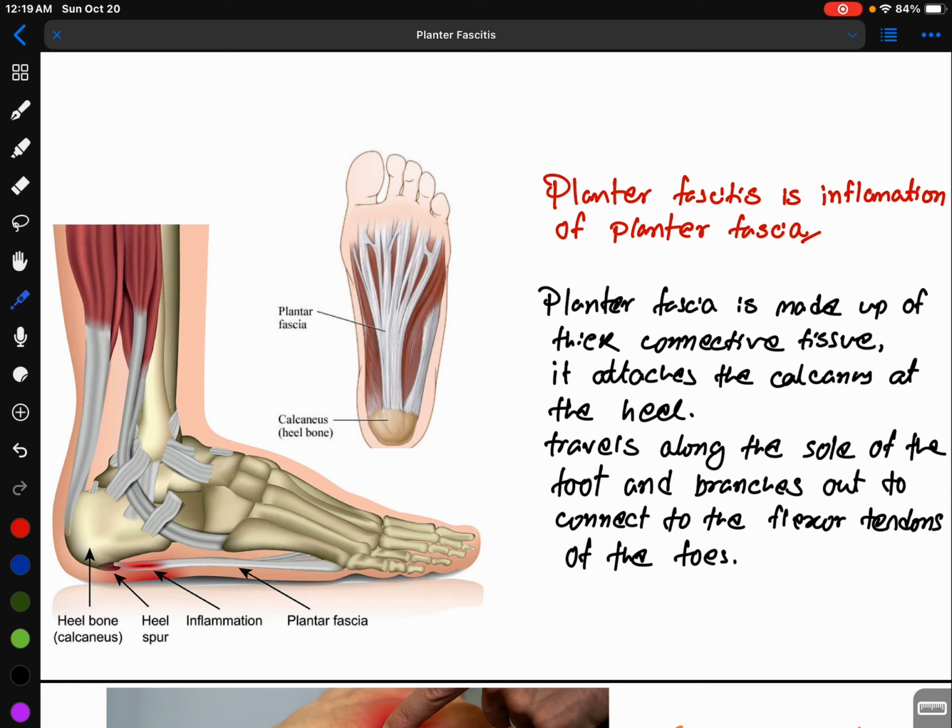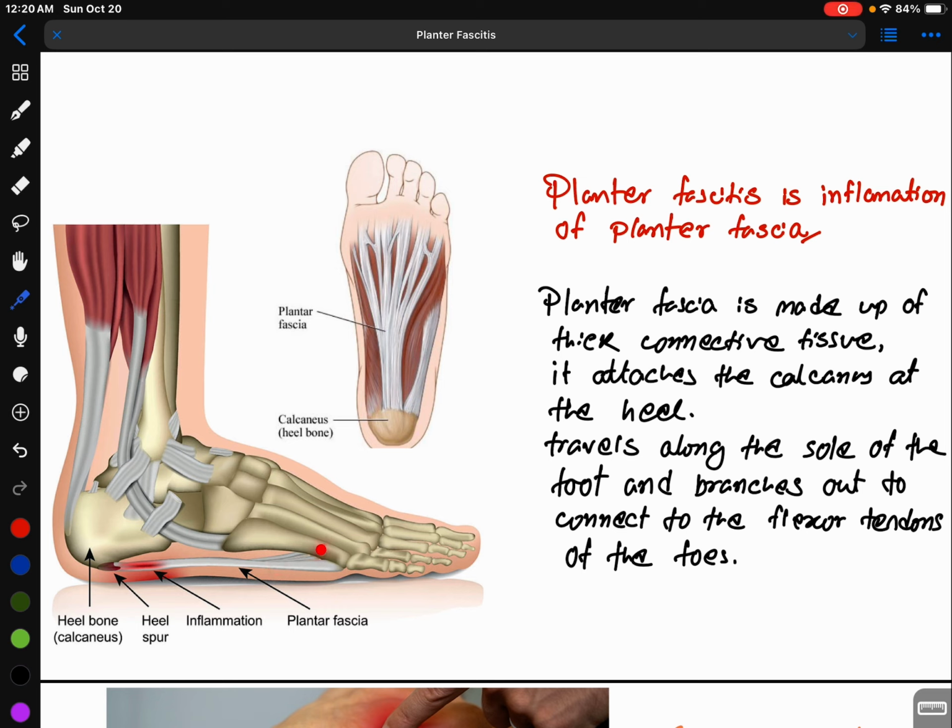Plantar fascia is a thick connective tissue that attaches to the calcaneus at the heel and connects to the flexor tendons of the toes.